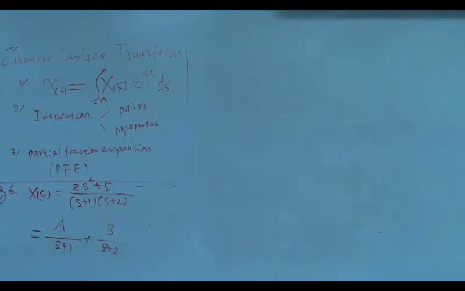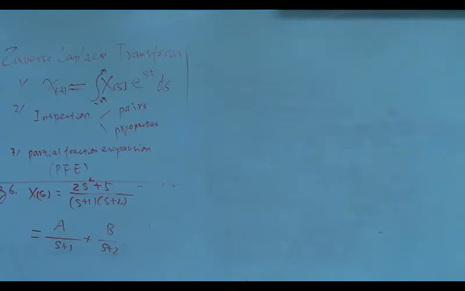Okay, so this one here equals 2s plus 5 equals 3 over 1. Is A equals 7? That's what I got. I got 3.